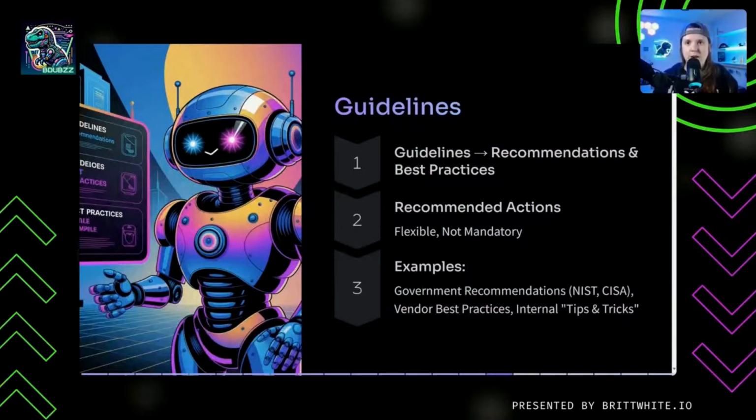Security configuration recommendations, your vendor best practice documentation, industry security advice. These are all guidelines. A vendor saying, hey, heads up, try this. That's a guideline. Organizational guidelines. These are your internal tips and tricks, documentation on passwords, social media. All of these are guidelines if they're just friendly advice and not enforced policy. Maybe a multi-factor authentication guideline.